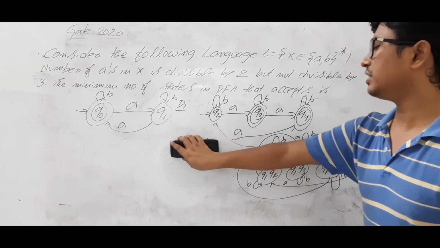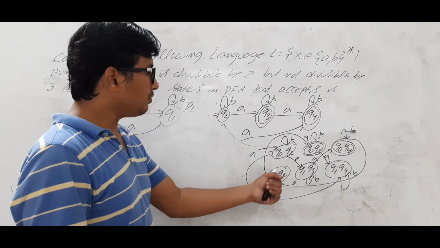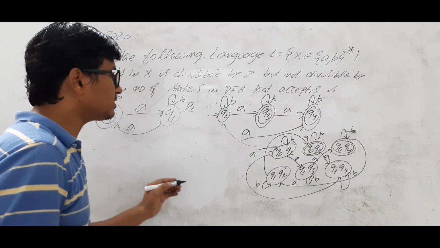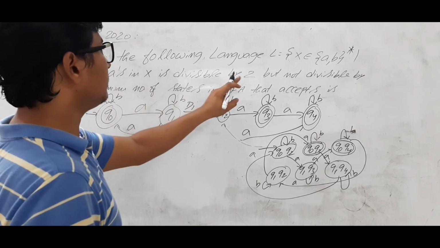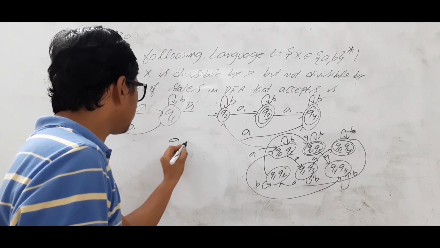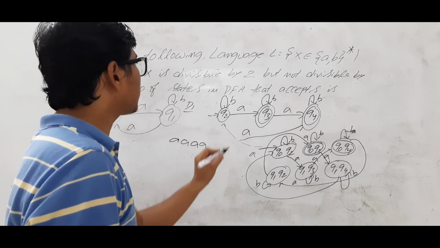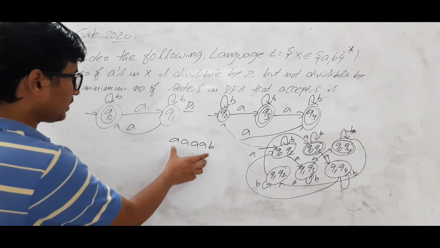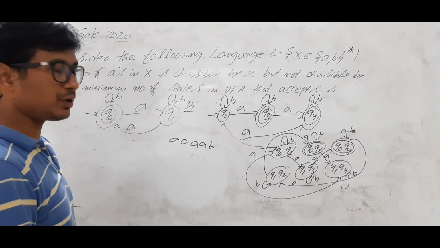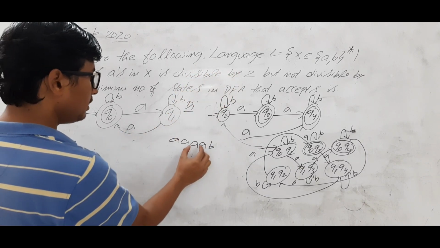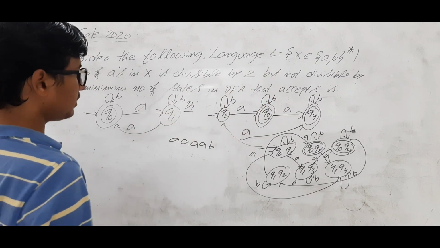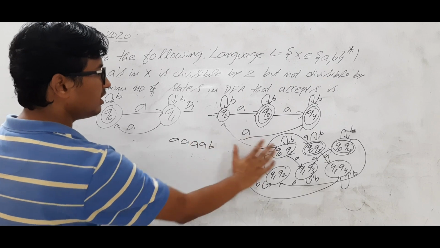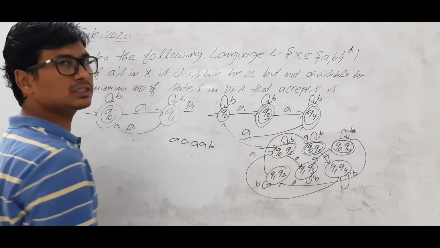Now we will check whether the constructed DFA is correct or not. Okay, how can I check? I will take a string where the number of A's is divisible by 2 but not divisible by 3. If the string belongs to language L, my DFA should accept this string.